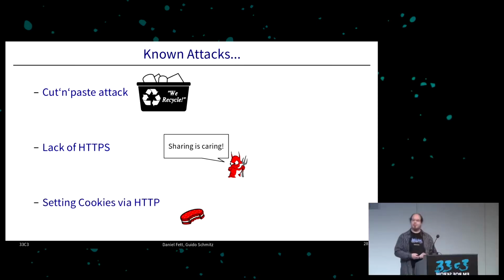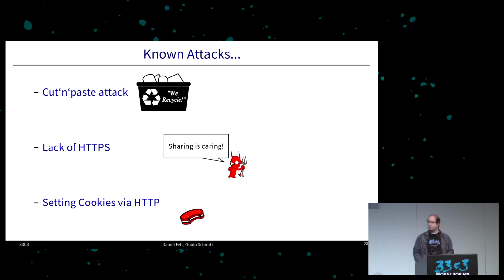And also if you just rely on cookies, then you're also screwed because cookies lack integrity. It's very easy to inject cookies into your browser over HTTP, and then these cookies will later also be used over HTTPS. So yeah, cookies are also not a good thing to rely on.